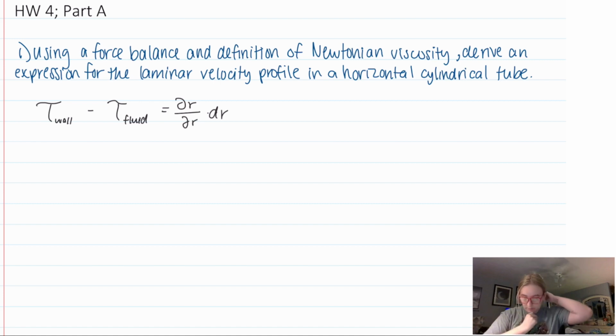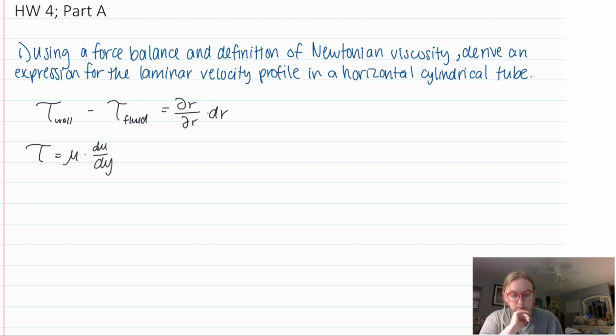So then for laminar flow, tau is equal to mu du/dy, and recall that mu is the dynamic viscosity.